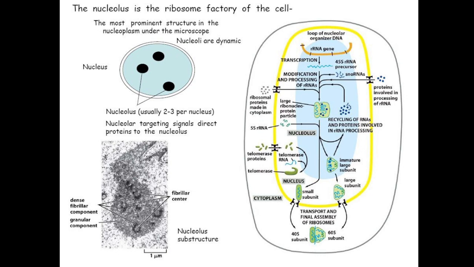Ribosomal RNA is synthesized as a single long chain from a cluster of ribosomal RNA genes, the 45S ribosomal RNA precursor, which later will be digested into ribosomal RNAs of the big and small subunits, plus proteins previously synthesized in the cytoplasm that come into the nucleus, and proteins which provide processing of ribosomal RNA.